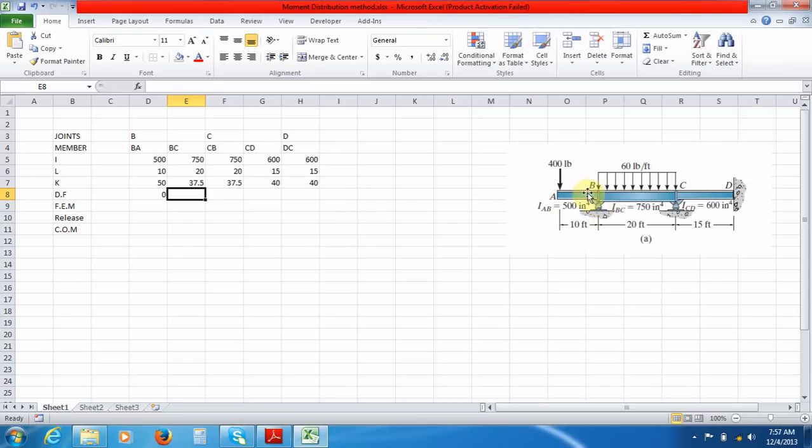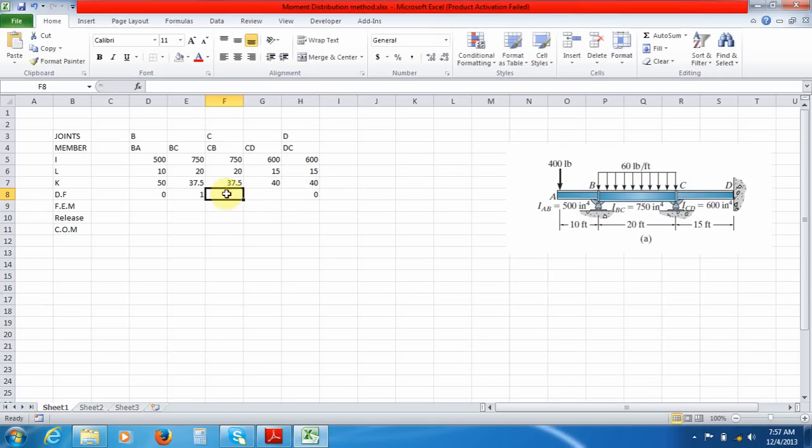We'll consider that BA does not exist in distribution factors. For a hinge, the distribution factor is always 1, and for a fixed support we take distribution factor as 0. So here we'll write 1, and for the fixed support, which is DC, it will be 0.